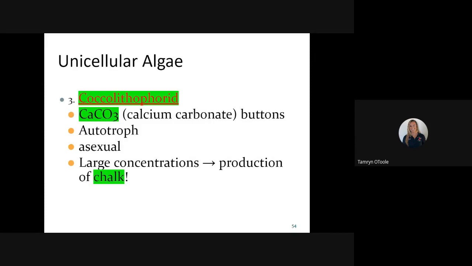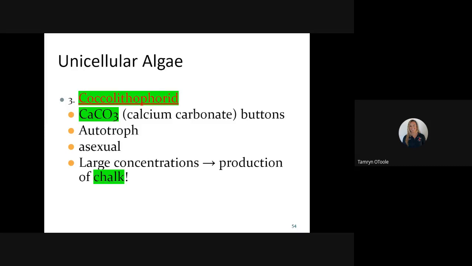All right, so these coccolithophorid, I can't even say it half the time. Coccolithophorid are these little calcium carbonate buttons, so CaCO3, and basically large concentrations of them actually produce chalk. So when we think about calcium carbonate, you need to think of things that are like a chalky substance.